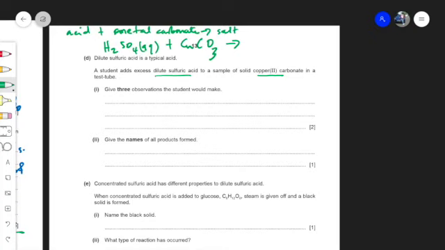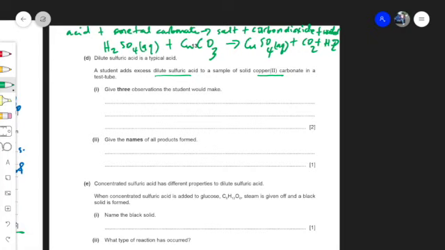So we are going to get a salt, which is copper sulfate, and you are supposed to get carbon dioxide, plus water, plus H2O. Right, so this is the reaction, guys.